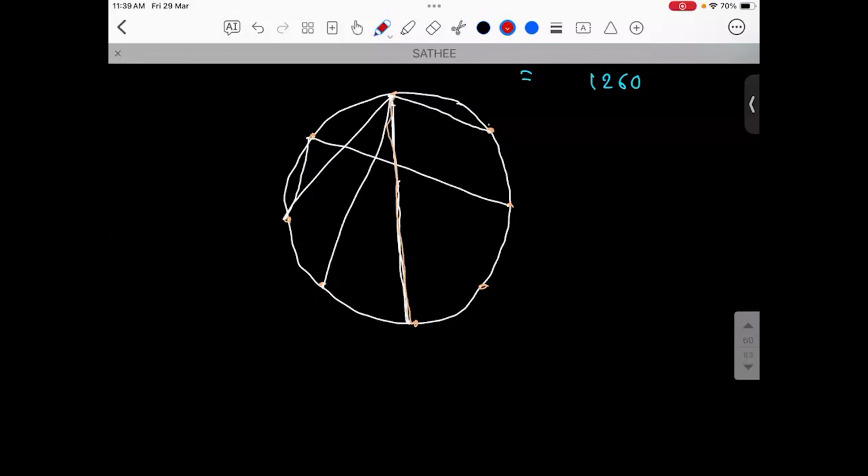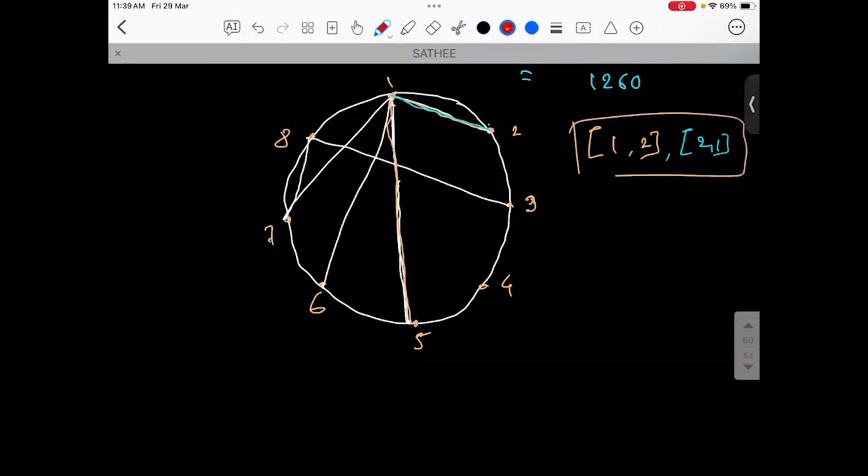If I name the points 1, 2, 3, 4, 5, 6, 7, 8, and denote this straight line as 1, 2, then understand that 1, 2 and the blue line 2, 1 are not distinct.